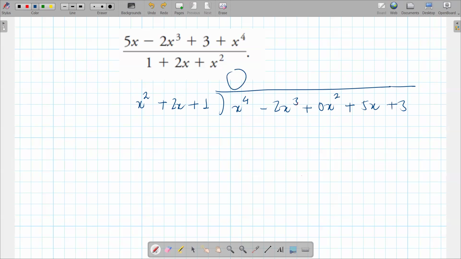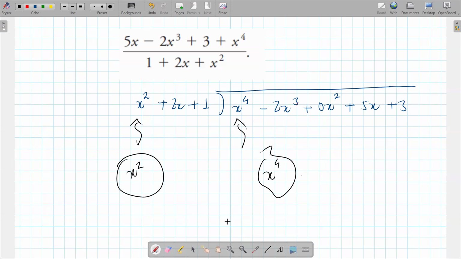So what goes up here? What's the first term? We're trying to decipher what goes up here. You take the highest power, the term that you're interested in canceling out inside the dividend, and then you ask yourself, what do I have to multiply x squared with so that I get x^4 on the other side? x squared.